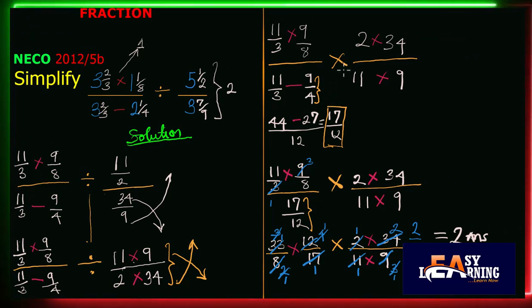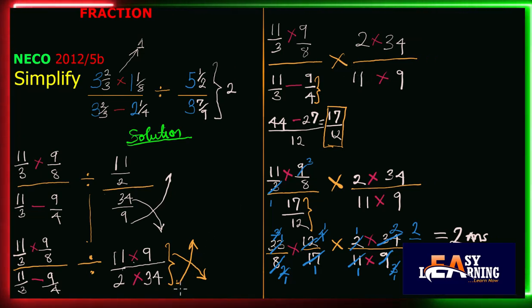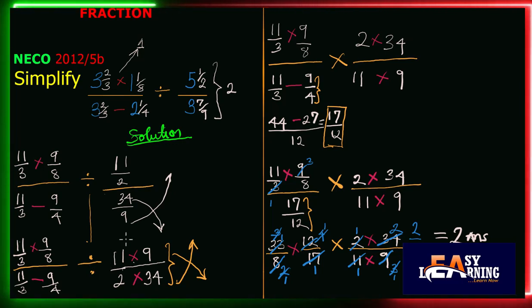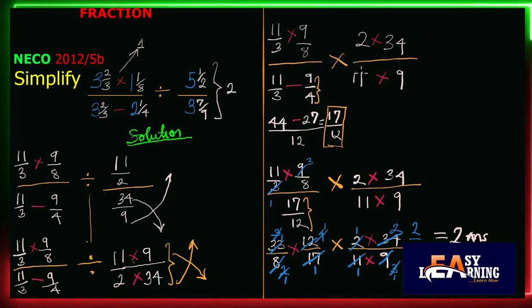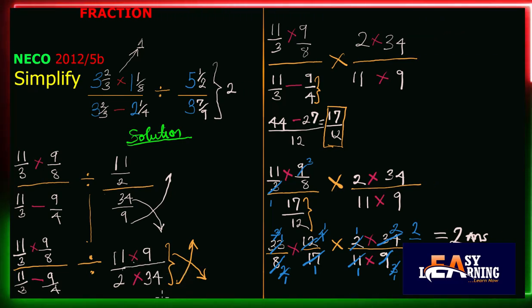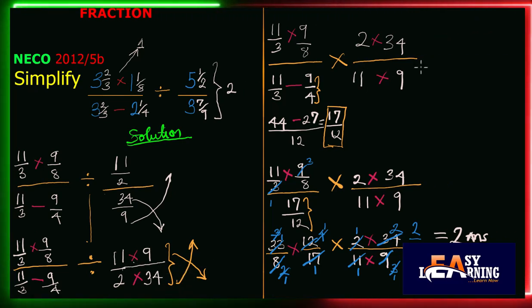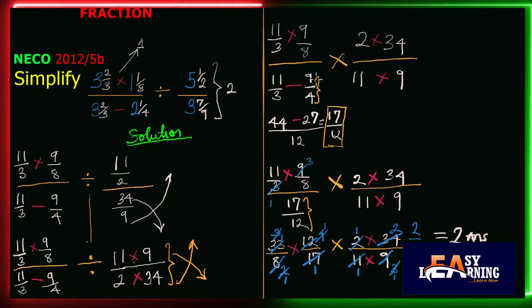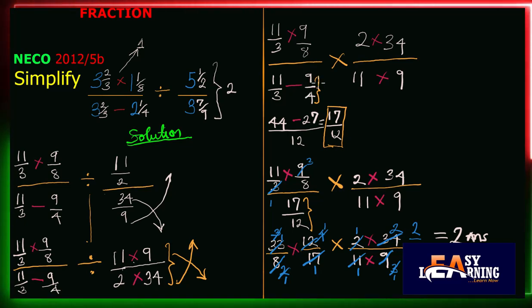And then we came down here, then interchanged them, because we wanted to change this division sign to multiplication sign. When we interchanged, numerator comes to denominator, denominator becomes numerator. And on the left hand side, we worked on this subtraction fraction.